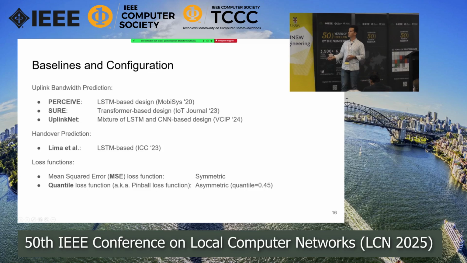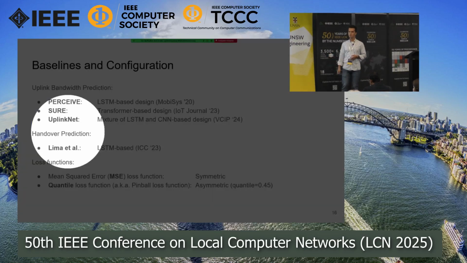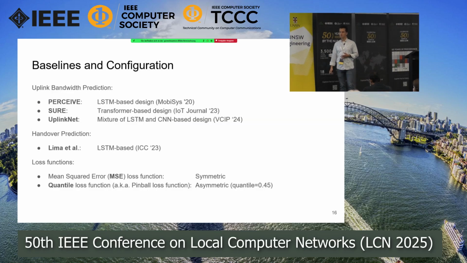On the handover prediction side, we look at one recent paper from ICC that uses a similar architecture to ours, but rather than doing classification, they do regression. And when we compare our loss function to existing loss functions, we are going to talk about MSE as well as quantile loss, which is a cheap and easy way of doing an asymmetric loss function. In one of the papers, they were using a quantile of 0.45, so we are also going to evaluate against that baseline.